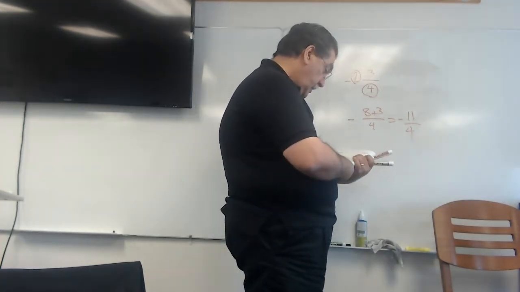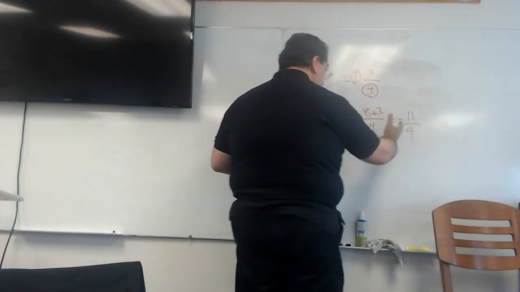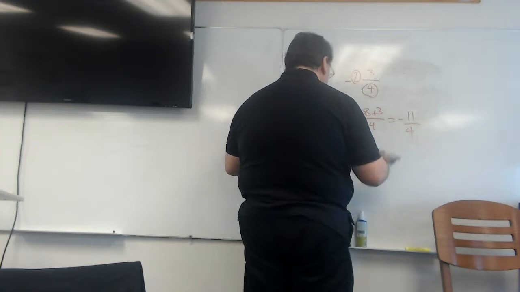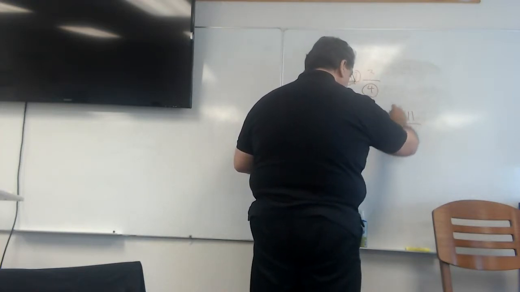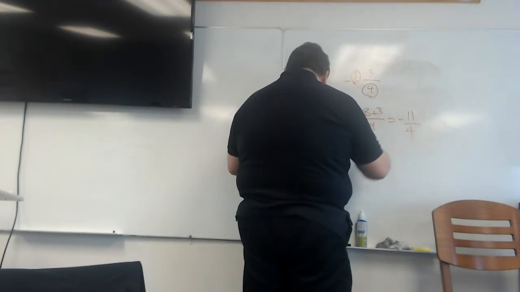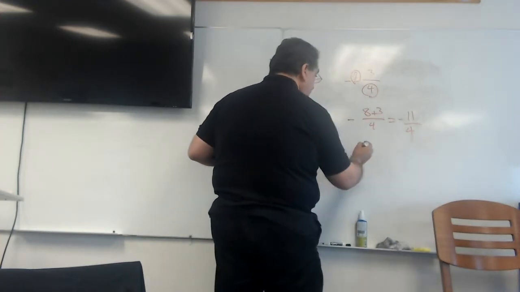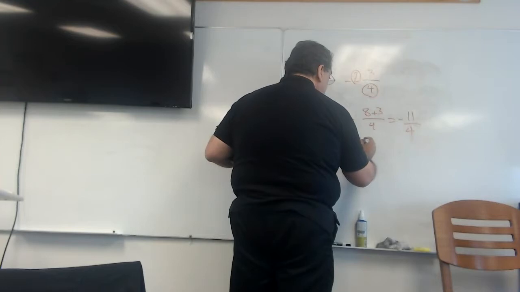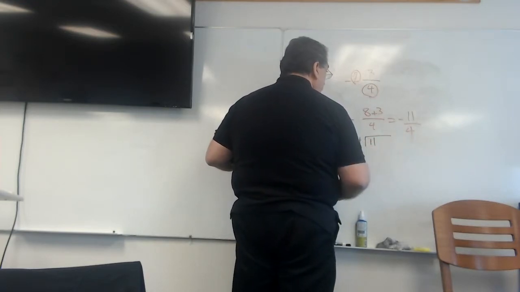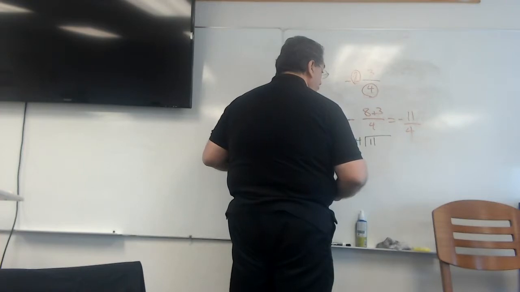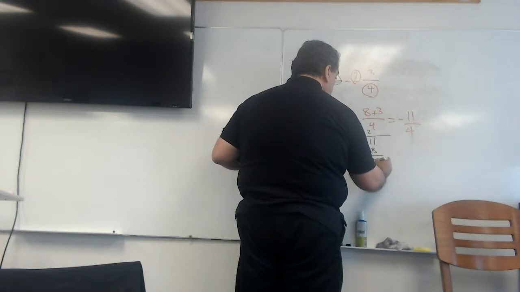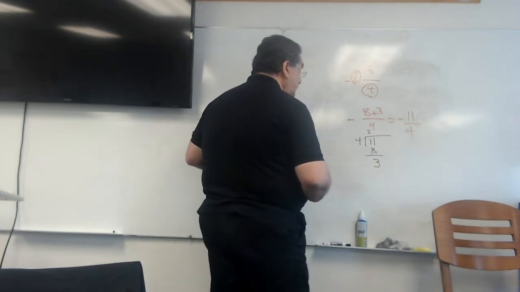Now, if you have an improper fraction, you can convert that to a mixed number by division. Let's just look at this one. If I want to convert that, you're basically dividing 11 by 4. 4 goes into 11 how many times? 2, with a remainder of 3.